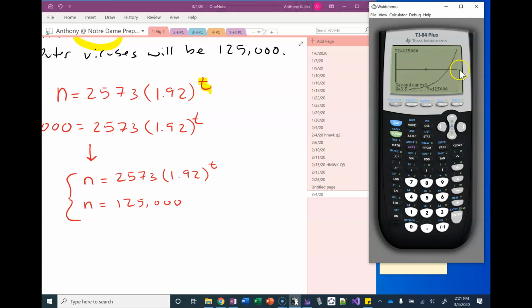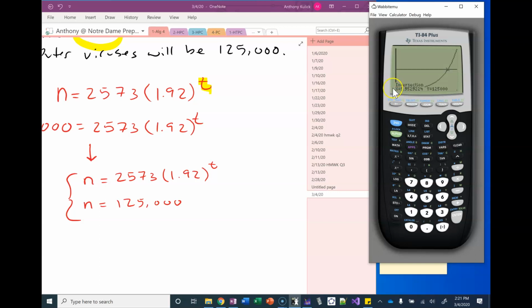So I want to find the intersection with this straight line also. Now it says second curve. I'm on the straight line, so I'll press enter again. And then it says guess. So I'll just use my left and right arrows to scroll my cursor over to where it's close to that intersection. That looks good. And I'll press enter again.